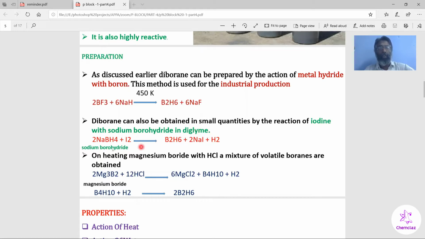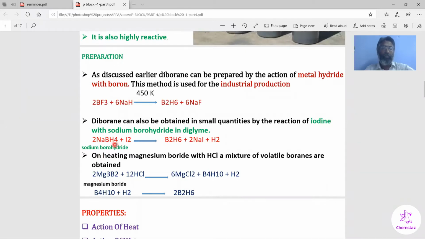This solution is treated with iodine, which gives diborane, 2 moles of sodium iodide and 1 mole of hydrogen. If you want to prepare a small quantity, you can use this method.